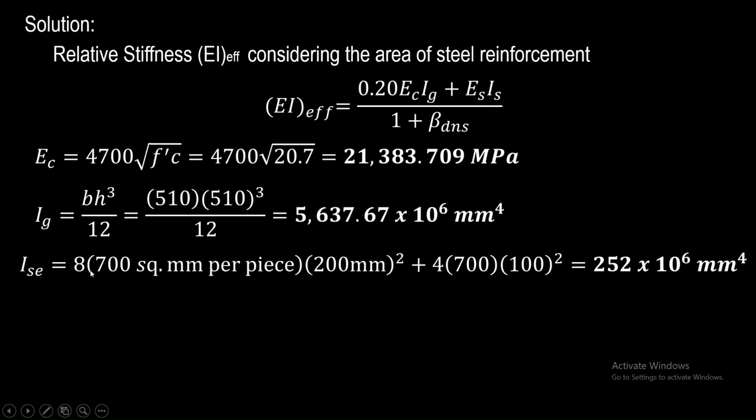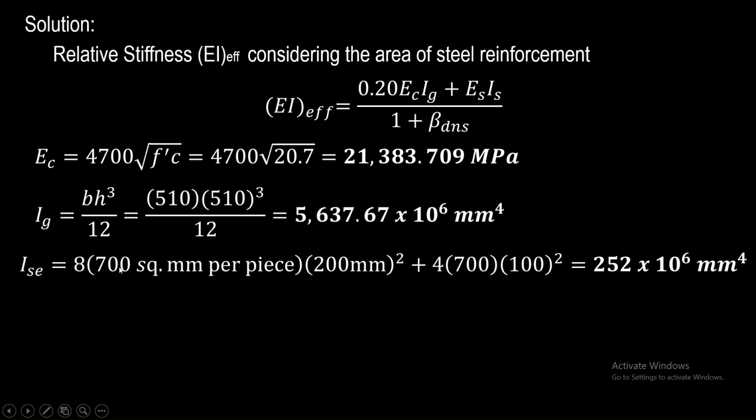So this value came from what was discussed previously. 8 pieces of bar, 700 square millimeter per piece, and their squared distance of 200 millimeter. Then 4 pieces, 700 square millimeter per piece, and 100 millimeter for its squared distance.